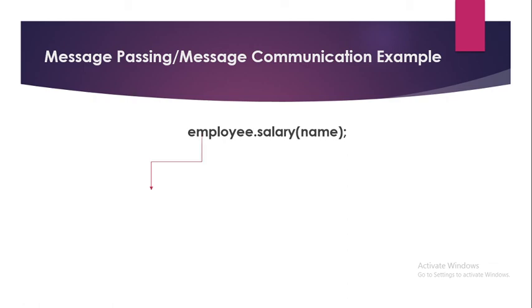Here I can say employee is the object, salary is the message, and name is the information. The object can send the message salary by providing the name of the employee, and as a result the salary of the employee can be produced.